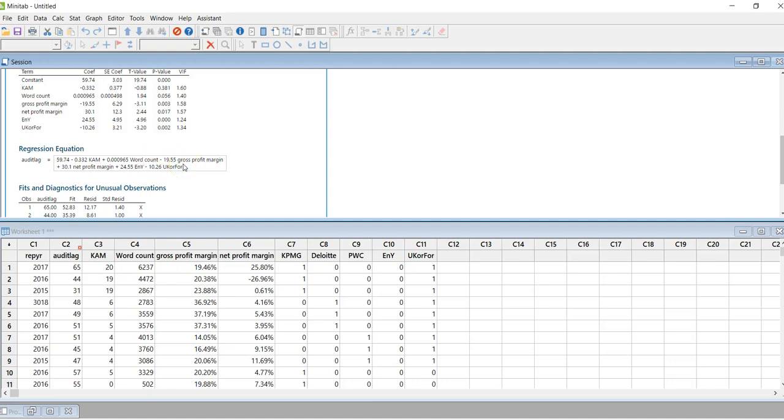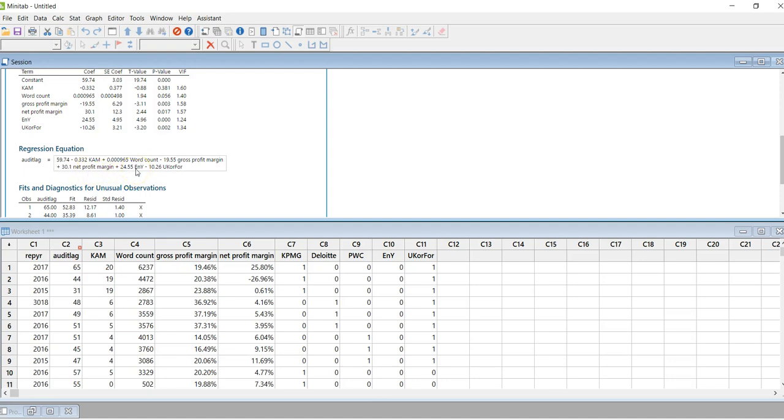If it's the gross margin, we thought, well, if it's negative, if it's a loss, then we might expect a longer delay as they go over it more carefully than if it's a profit. And then the net profit margin, same sort of reasoning.